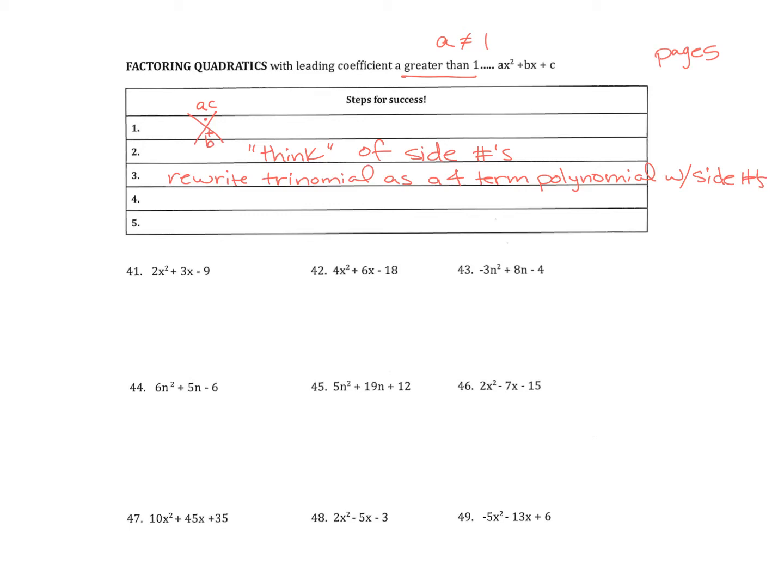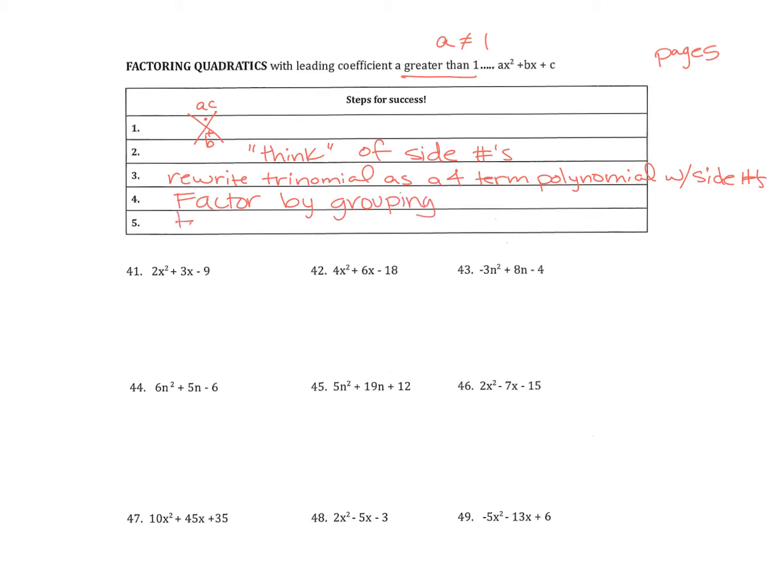So for instance, a trinomial has 3 terms, as all the problems on this page have 3 terms. But we're going to actually turn them into a 4-term polynomial. That's so that you and I can factor by grouping. We need 4 terms, so we can underline the first 2 and underline the last 2.